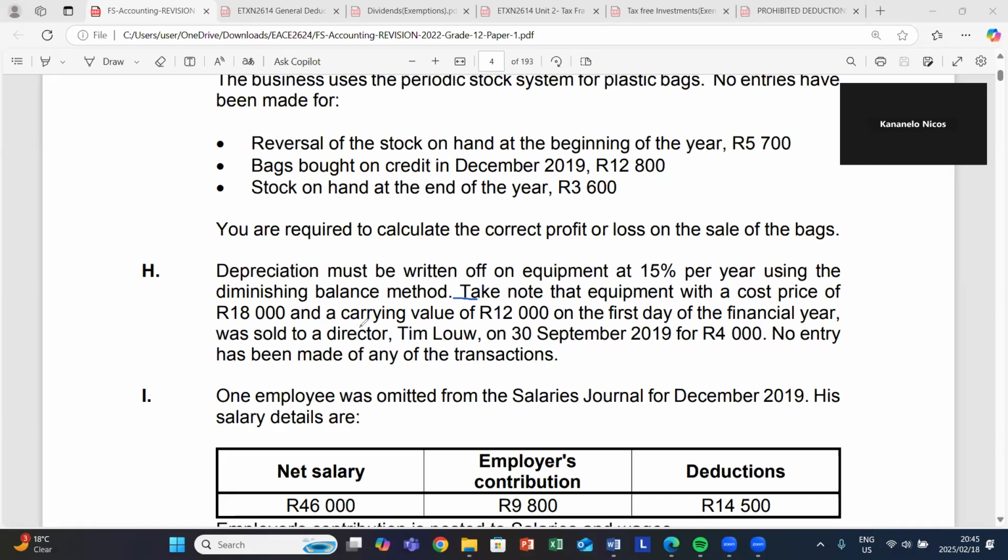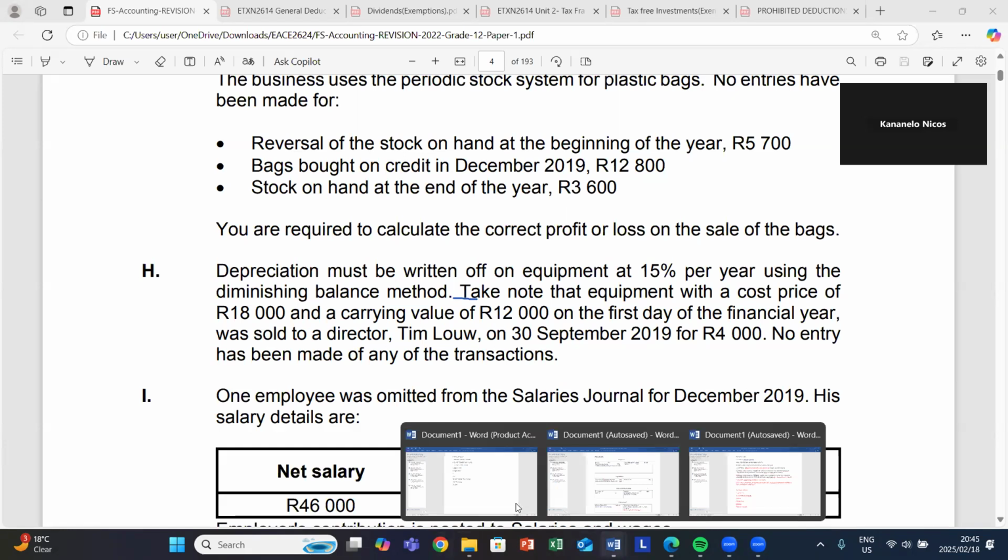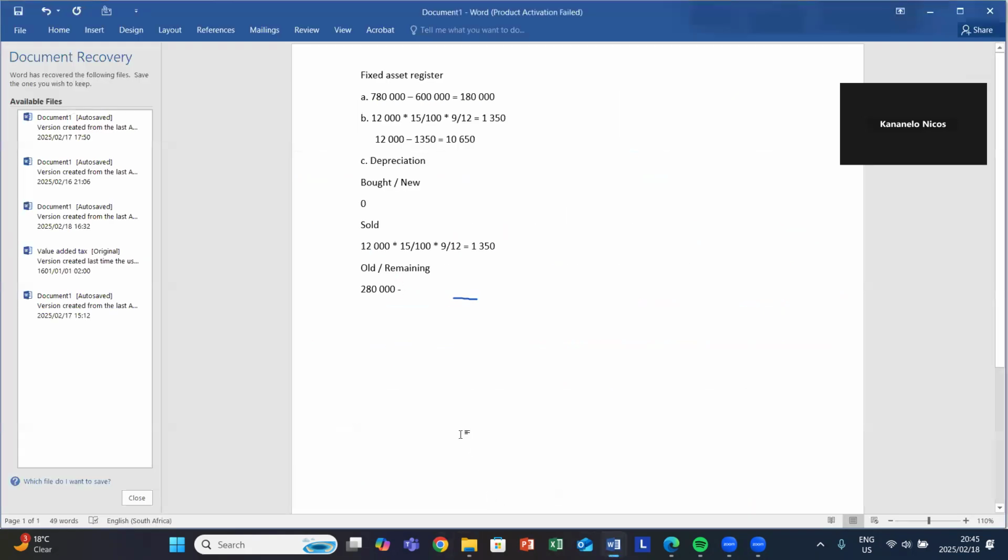So that cost price of the asset that you sold amounts to 18,000. So here you are going to minus 18,000. And when you say 280,000 minus 18,000, you'll get your cost price for all the remaining.